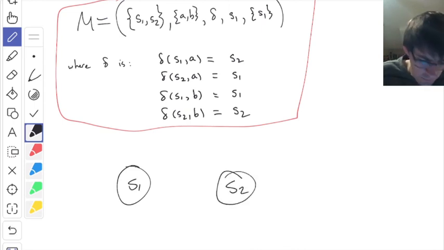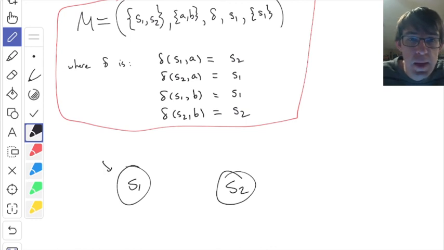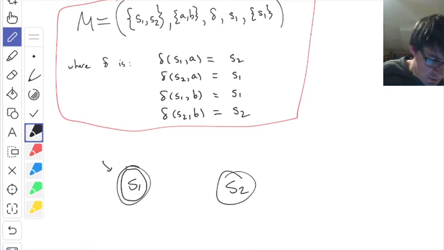We also know from here the alphabet is A's and B's. Now that doesn't make me draw anything particular yet, and the delta also. Okay, I know S1 is the starting state from here, so I can stick the arrow like that. And from the last part there, I know that S1 is an accepting state, so I can mark that as the accepting state.